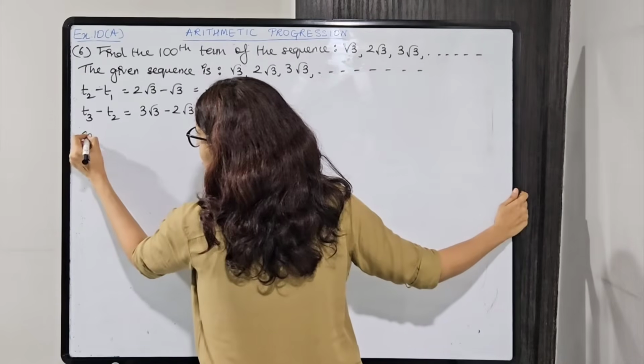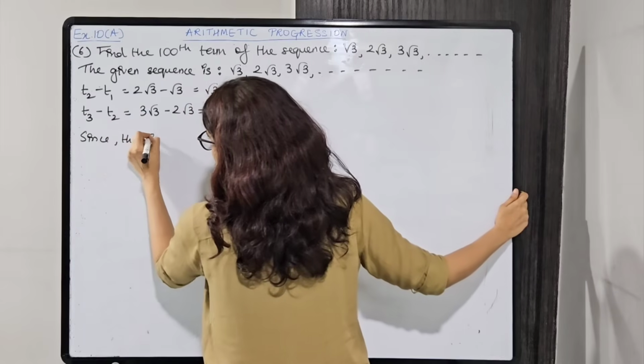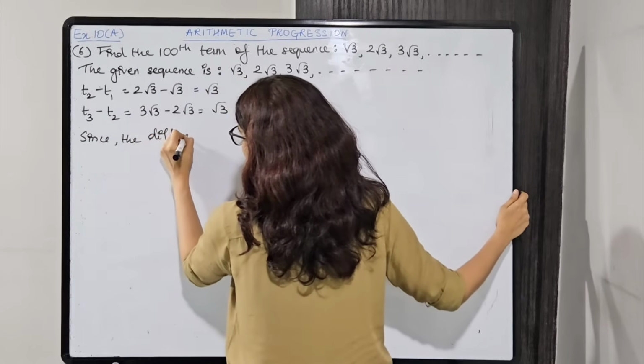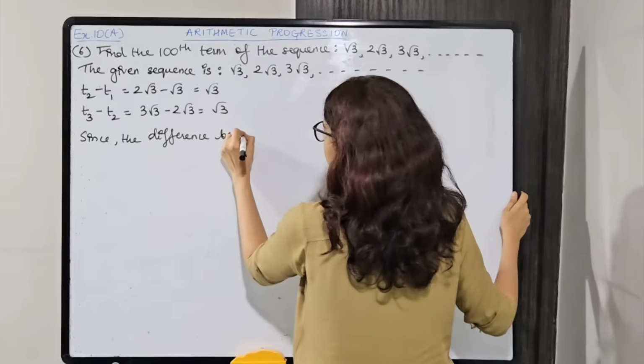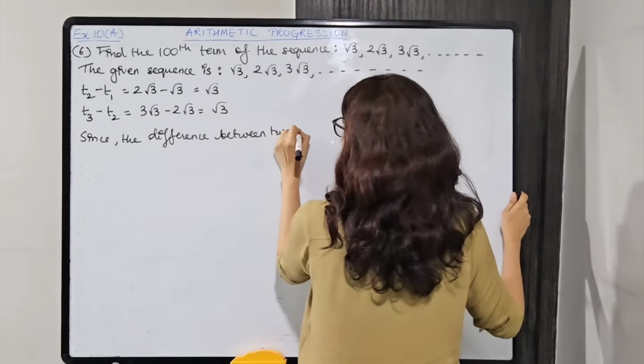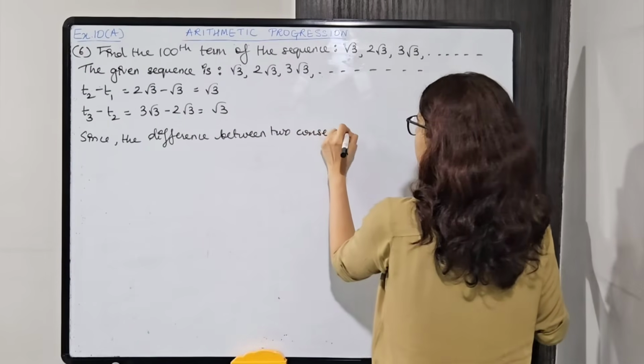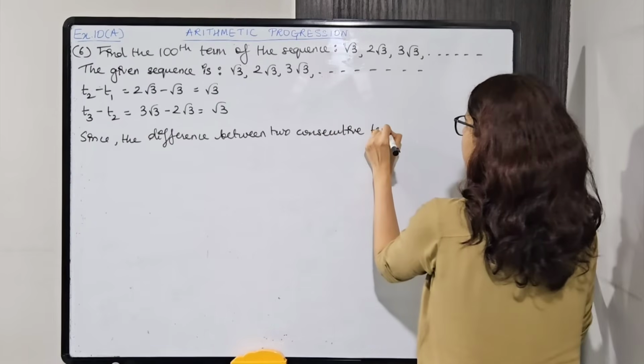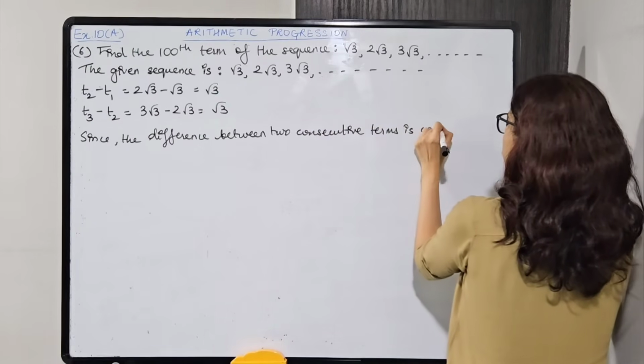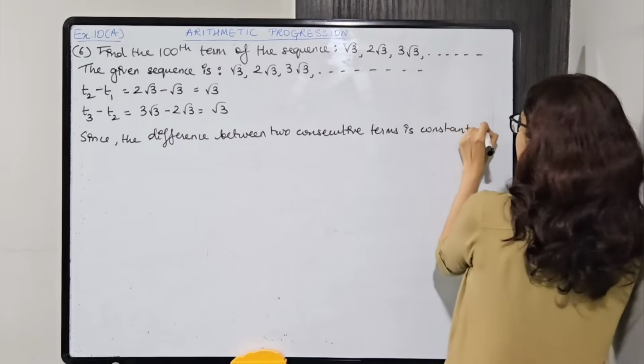So since the difference between two consecutive terms is constant, the sequence is an AP.